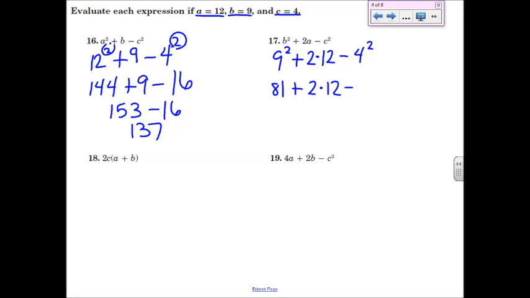And 4 squared is 16. The next thing we work with is the multiplication. So 12 times 2 is 24. And then addition and subtraction from left to right. 81 plus 24 is 105. Minus 16 is 89.